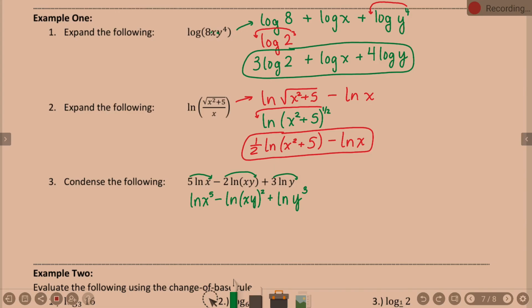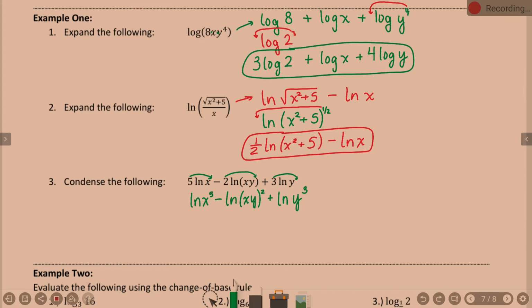Do you want to do the product rule? For what? Natural log of xy squared plus natural log of y cubed. Not exactly. The quotient rule. For which terms? Natural log of x to the 5th minus natural log of xy squared. Okay.